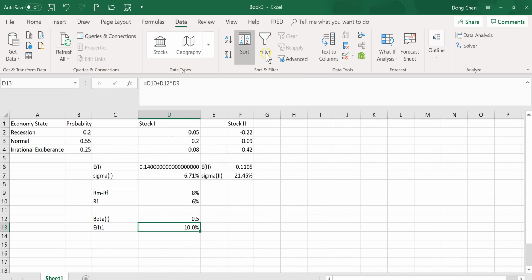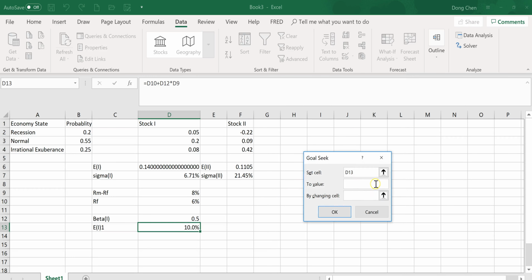So now I can use the Goal Seek to be. What's particular about the Goal Seek is that you cannot set cell to be another cell value. Here you have to choose a specific numerical number.